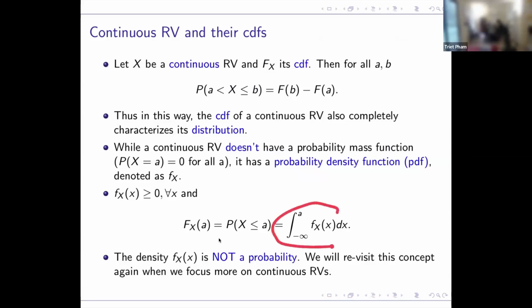In fact, it should be even differentiable, and the derivative of the CDF is called the density function. That will be a very important object that we'll be looking at for continuous random variables. So the PDF right here will be the key feature of a continuous random variable.